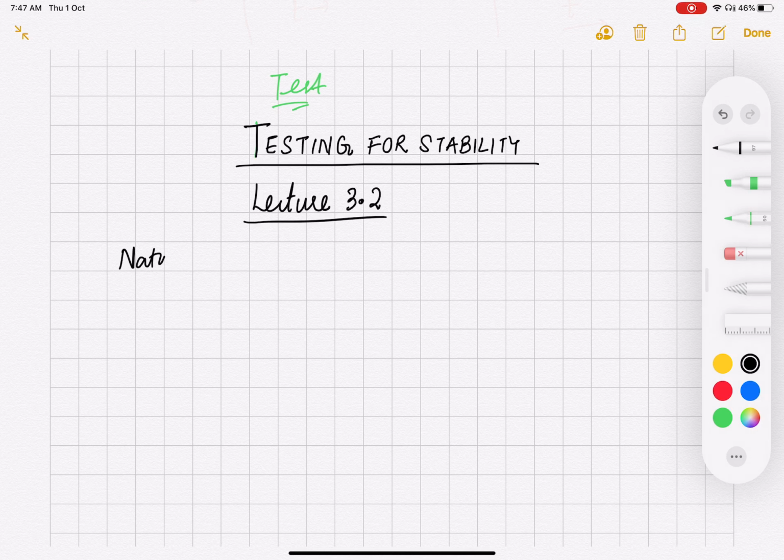So what would be the characteristic polynomial? s square minus 2s plus 3s minus 6, that is, s square plus s minus 6. So you can see that some coefficients are negative, right?